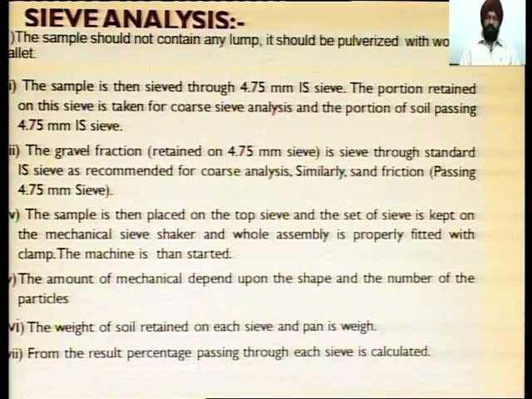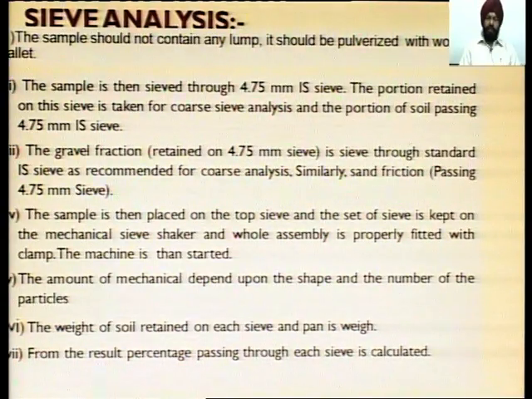The sample is then placed on the top sieve, and the set of sieves is kept on the mechanical sieve shaker machine, and the whole assembly is properly fitted with the clamp, and the machine is then started. The top of the sieve is also covered by the cover.